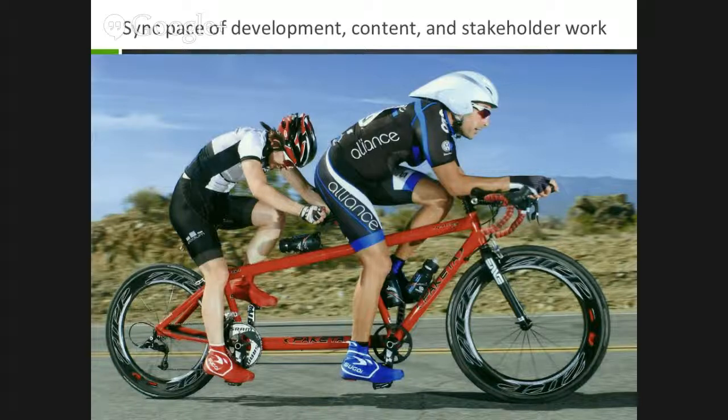Because they have calendars, issues and vacations and busy times, and if you're trying to navigate through a lot of stakeholders, I think the only way you can really move faster, or if you want to save money, move slower, is to sync the resource levels for all three of these. So your development team is moving about the pace that the content team can keep up with, but not faster and not much slower.